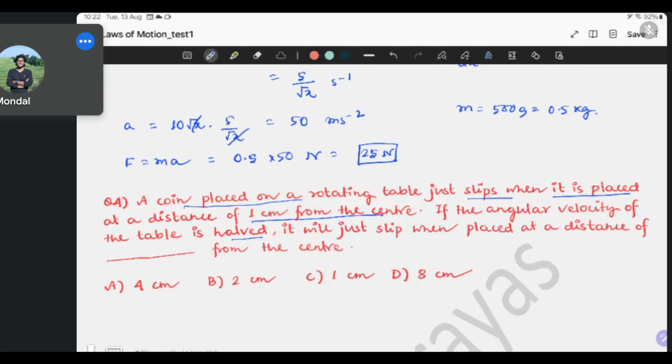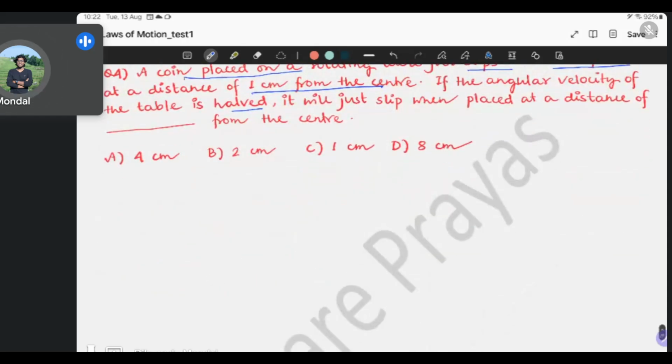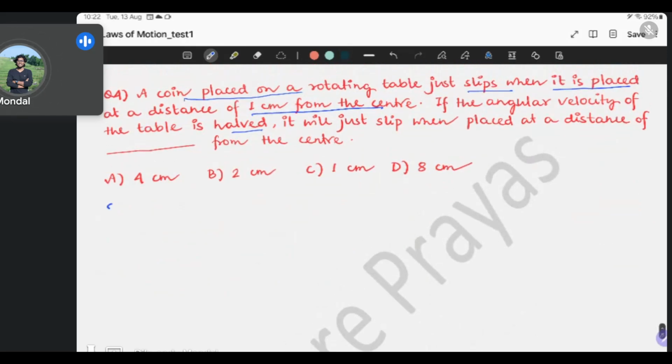So the actual concept is, this is a rotating table, and the coin is kept like this at 1 centimeter, and it is moving with an angular velocity omega.